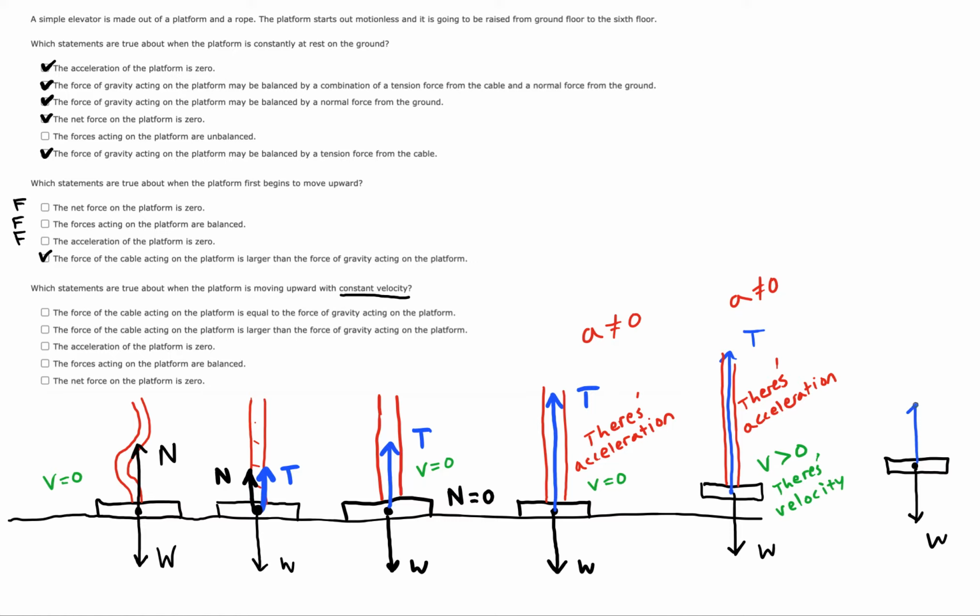So you bring it down, you lower the tension. And the funny thing, what's so counterintuitive, it goes against what people would think. In this case, we have constant velocity. The platform is moving.